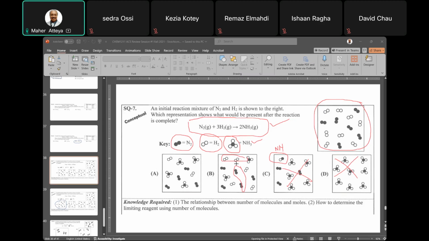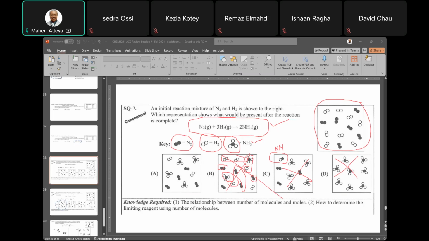Here both of them are present, and the products are there too. But it's fooling us because both reactants are present. This is hydrogen, and those are the nitrogen, and that's not true. One of them has to disappear, so we have one limiting, consumed 100%, and one still staying as excess.